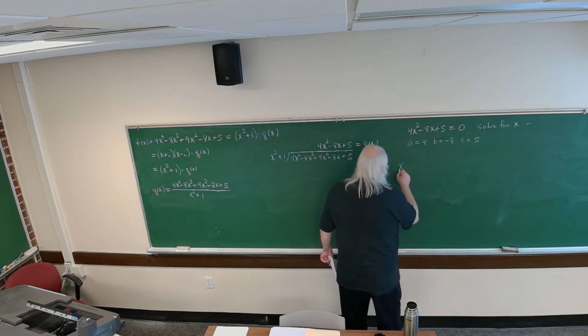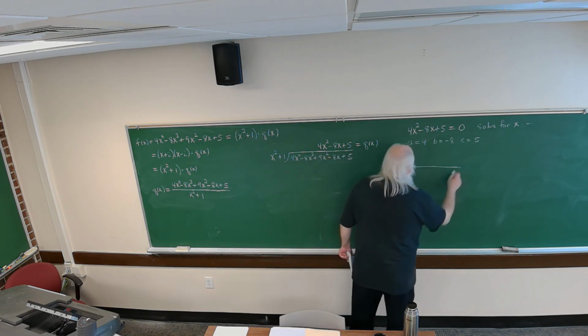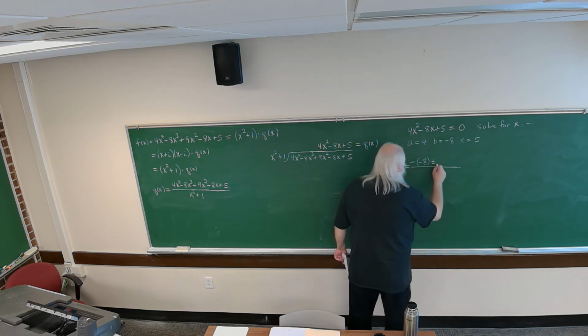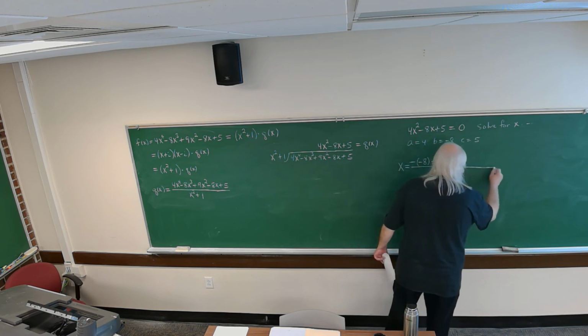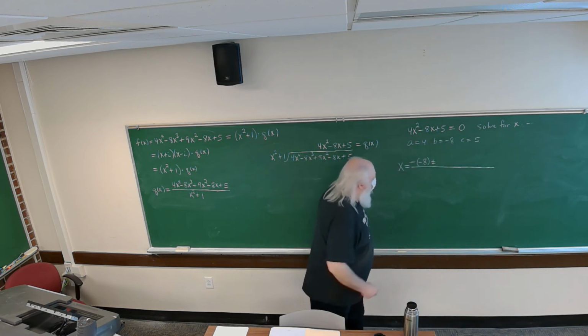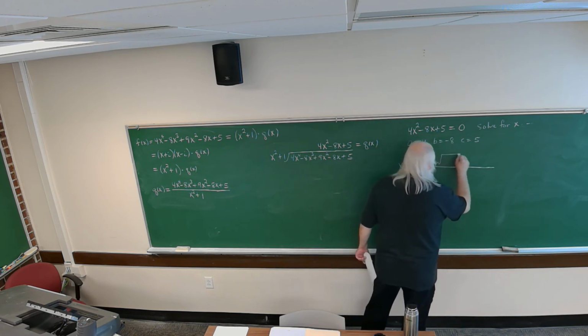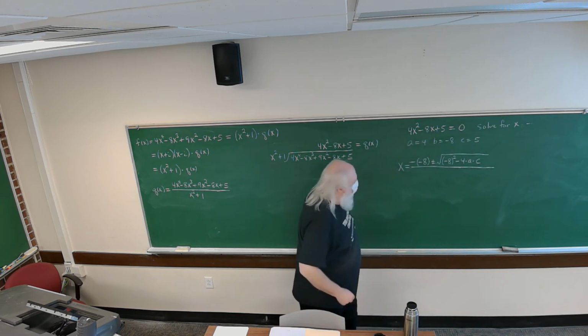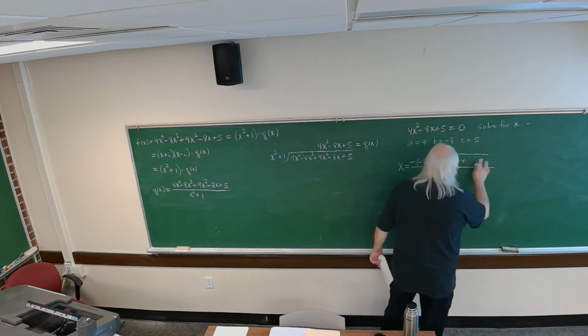x is equal to negative b, so you've got the negative of -8, plus or minus the square root of b squared minus 4 times a times c. Oops, I forgot to substitute.